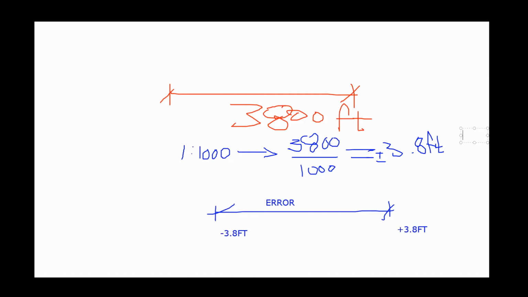So from this, what we can conclude is we have to be careful with the relative precision. Now, let me ask you this. Let's say I have two surveyors.